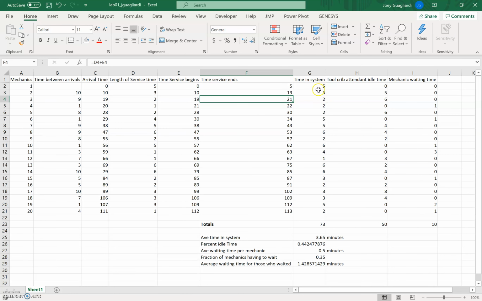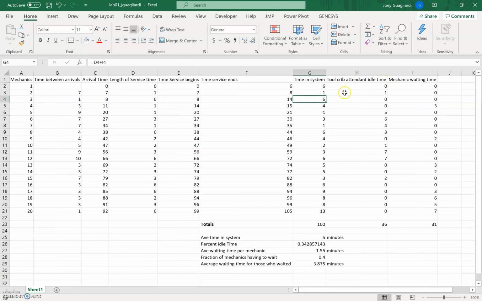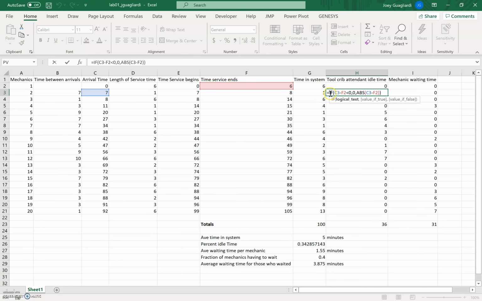The time in the system was actually the length of the service time plus the mechanic waiting time, and the tool crib attendant idle time. I actually used a more complex equation for this, just an if statement in case it was negative.